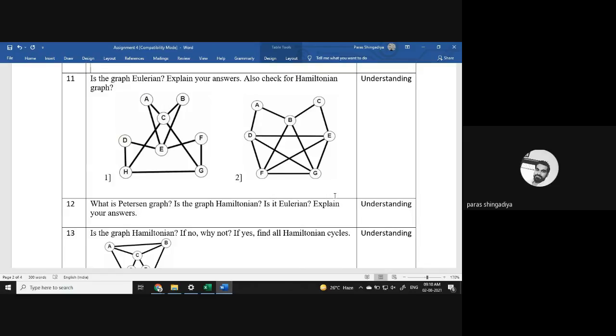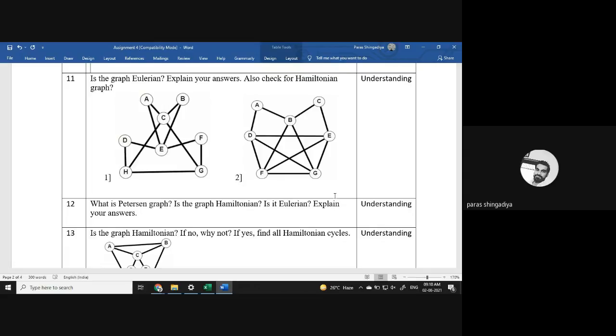Question number 12: what is a Peterson graph, and is this graph Hamiltonian? Is it Eulerian? Explain it. First you have to draw the Peterson graph, and then verify the Eulerian condition. If it follows the Eulerian line, then it is known as an Euler graph.